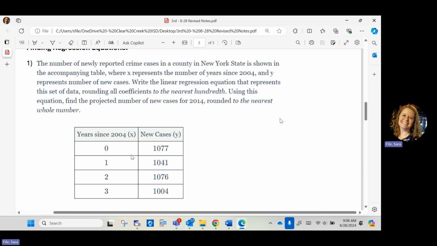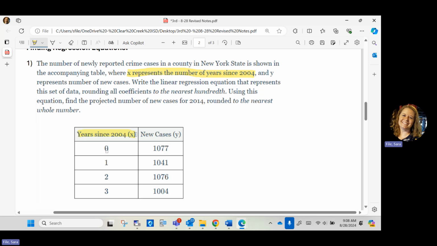It says the number of newly reported crime cases in a county in New York State is shown in the accompanying table, where X represents, I'm just going to do some color coding, the number of years since 2004. If it's been 0 years since 2004, what year is it?